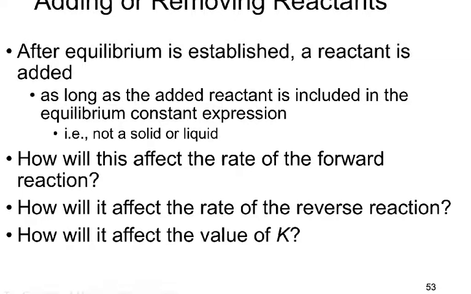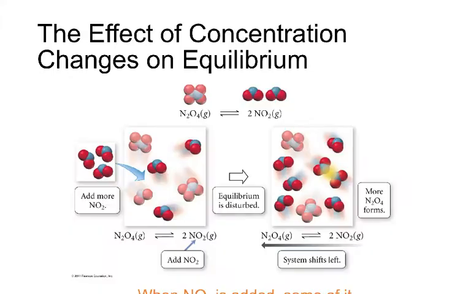It won't affect the rate of the reverse reaction, and it's not going to affect K at all, but the reaction will shift to form more products until we reestablish equilibrium. So, add reactant, we shift towards the products to reestablish equilibrium. Basically, we're going to counteract whatever we did to the system.